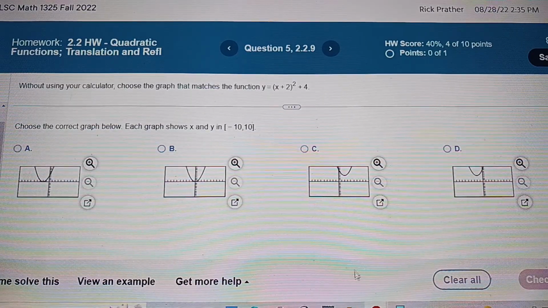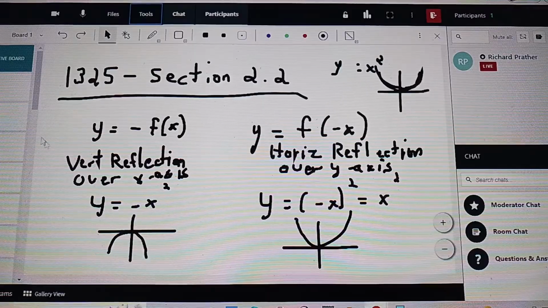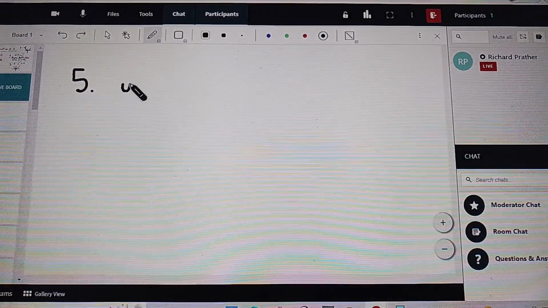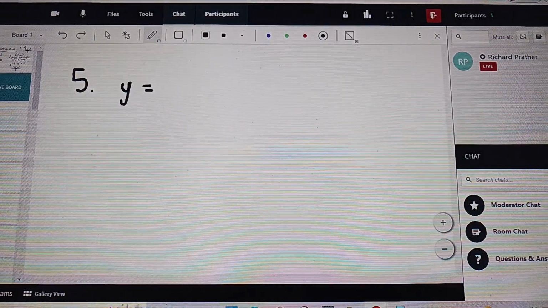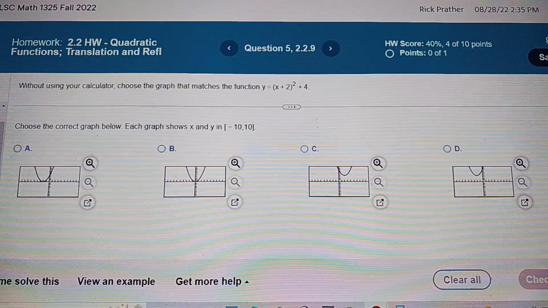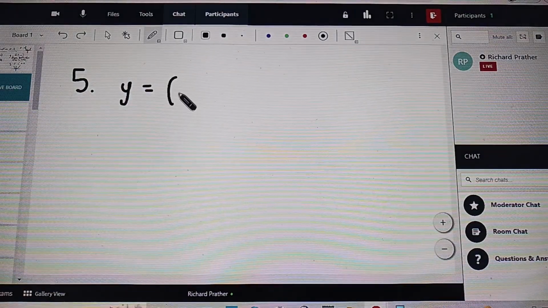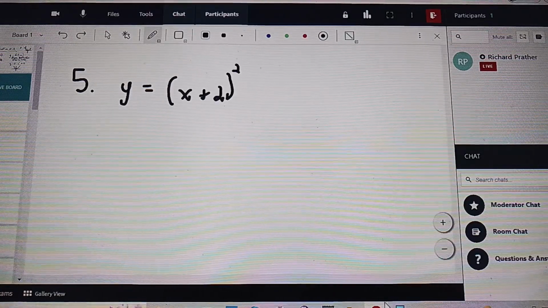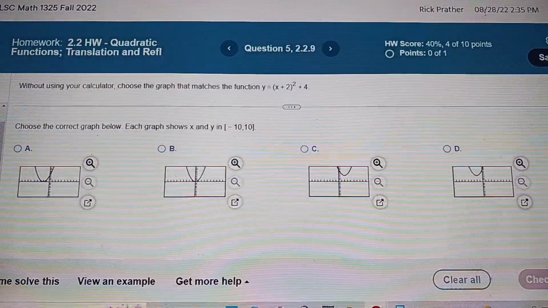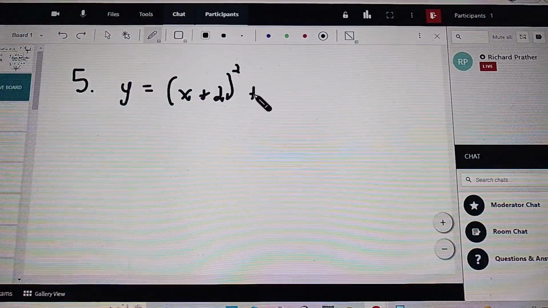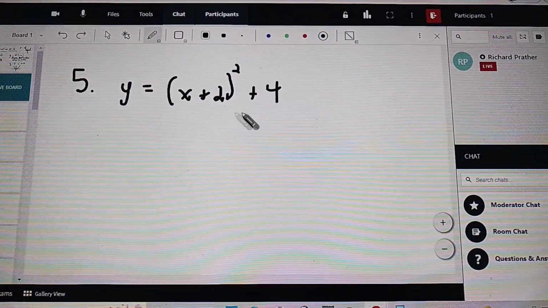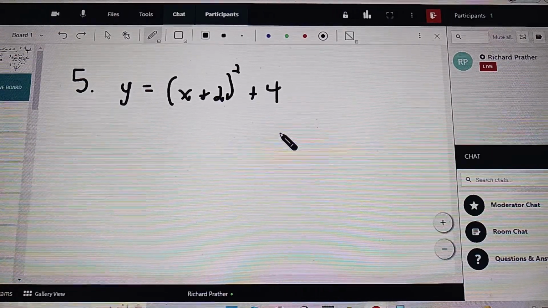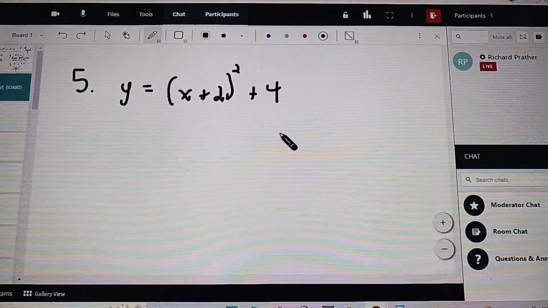So similar deal here on number 5. We have y equals (x plus 2) squared plus 4. So now we have the adding and subtracting numbers. This shifts the graph, like some of those choices had graphs that were shifted left or right.